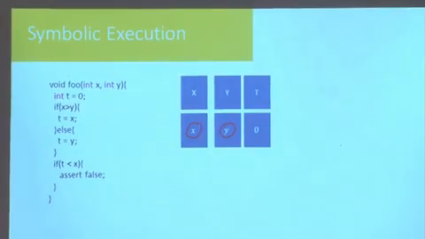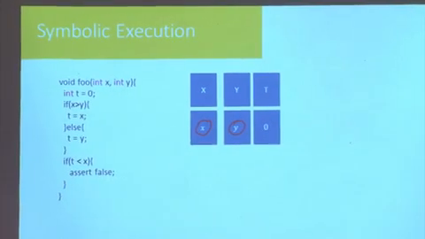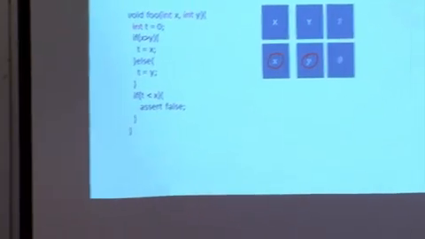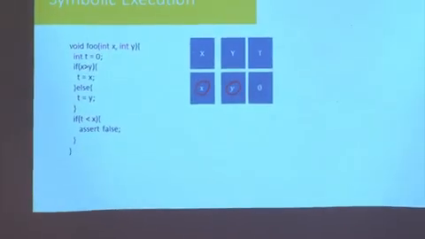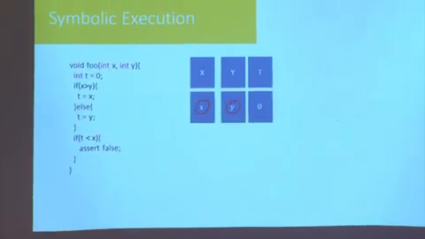It's now a mapping from variable names to symbolic values. And a symbolic value, you can essentially think of it as a formula. In this case, the formula for x is just x, and the formula for y is just y, and for t, it's actually the value 0. We know that for every input, doesn't matter what you do, the value of t after the first statement is going to be 0. But now, here is where it gets interesting.